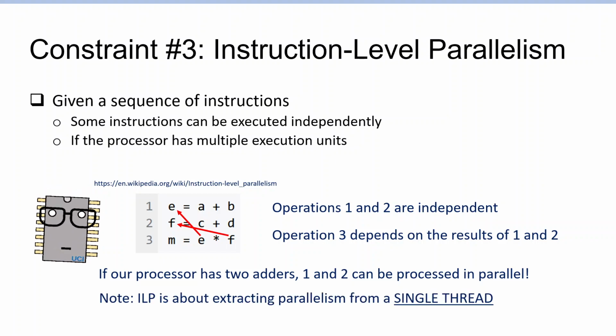One thing I want to further emphasize here is that instruction level parallelism, or ILP, is about extracting parallelism from a single thread, a single sequence of operations. Having multiple threads is a completely different story. ILP has to do with extracting parallelism from a single thread of operations.